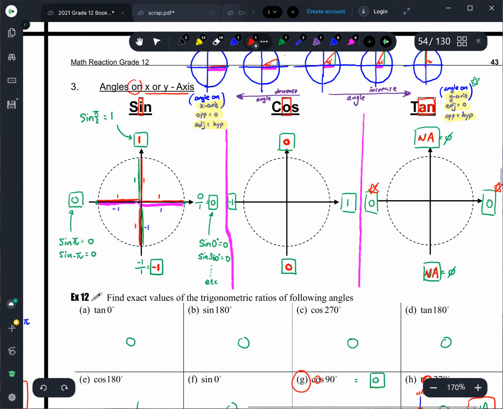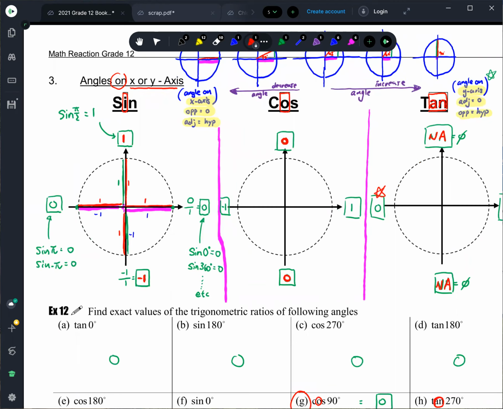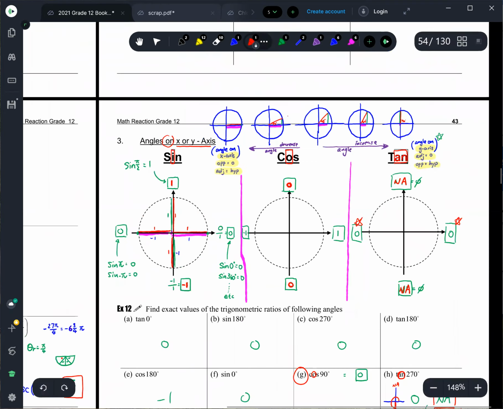So the reciprocal of sine. What's the reciprocal of sine, Evan? Hypotenuse over opposite. What's it called? Cosecant, okay?